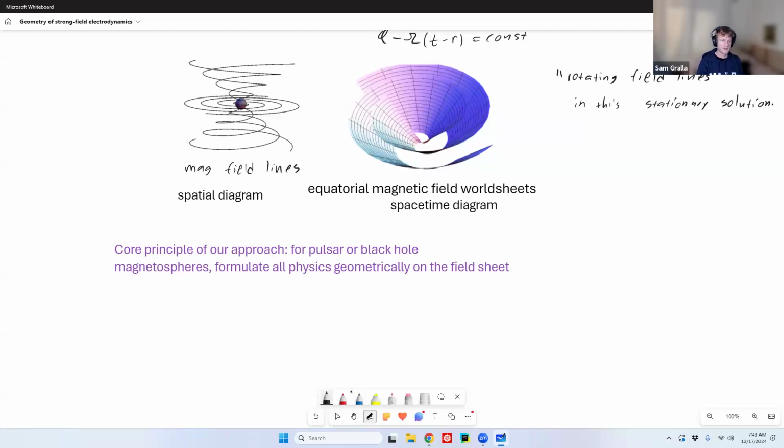With Mizuno, my student, we are studying two-fluid plasma near pulsars and black holes. It'll be out pretty soon.